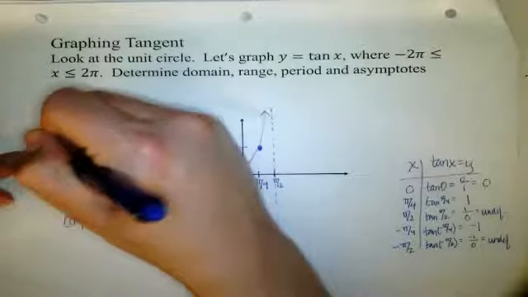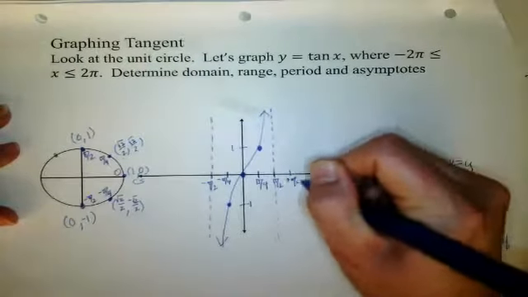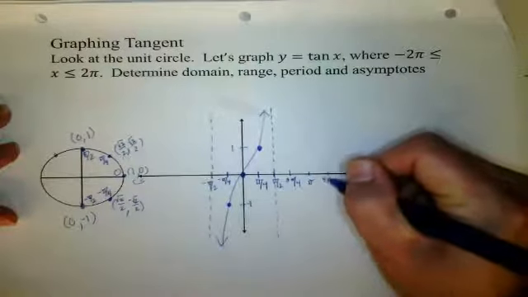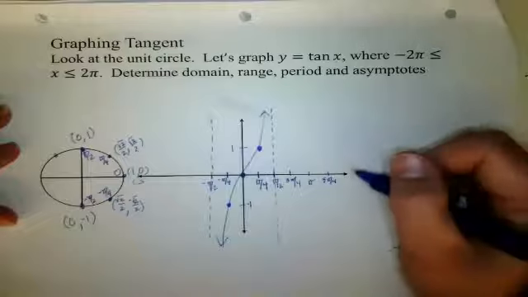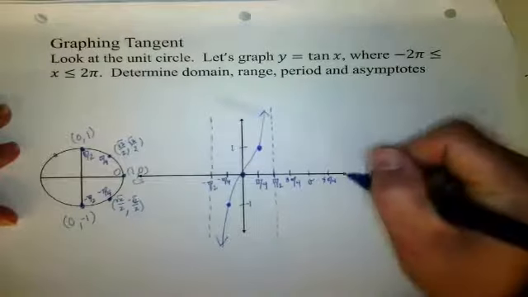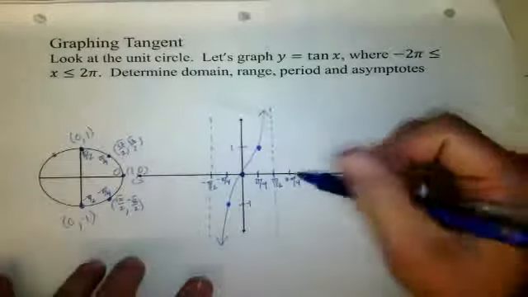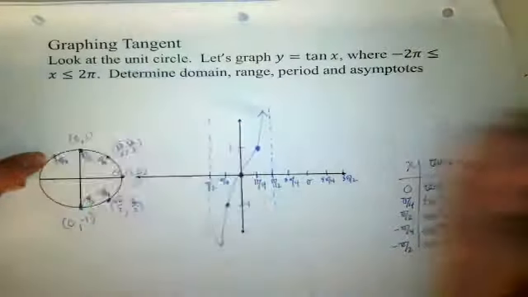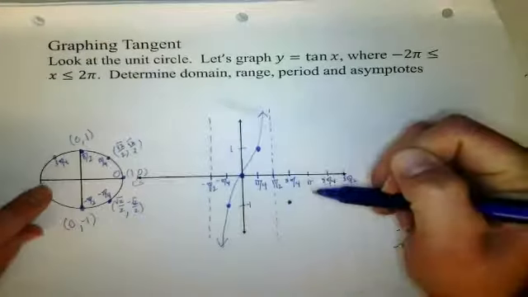If I were to go to 3 pi over 4, pi, 5 pi over 4, 3 pi over 2. At 3 pi over 4 right here, our tangent value is negative 1.